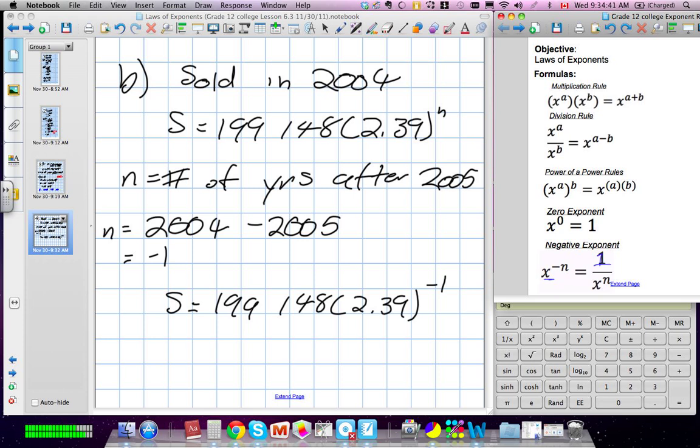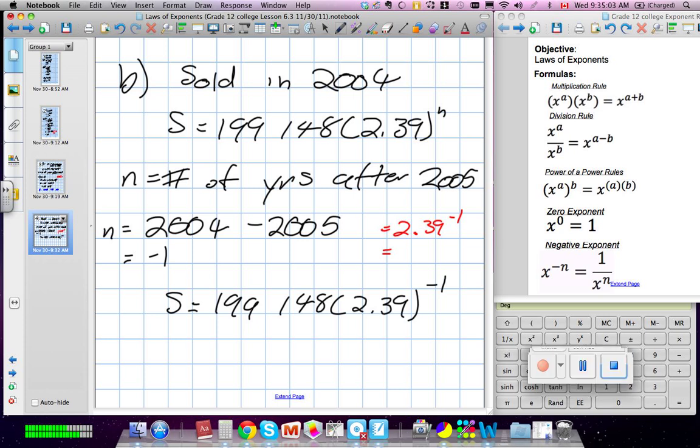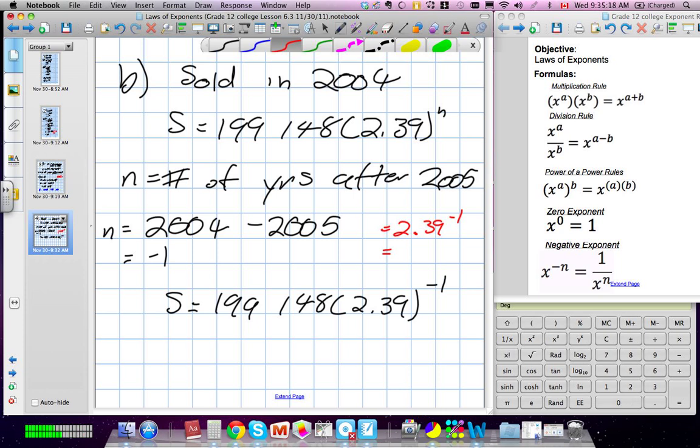So if we were to do that as a side calculation here, 2.39 to the power of -1, how else can I represent that as a positive exponent? We can represent this as 1 over 2.39 to the power of +1.